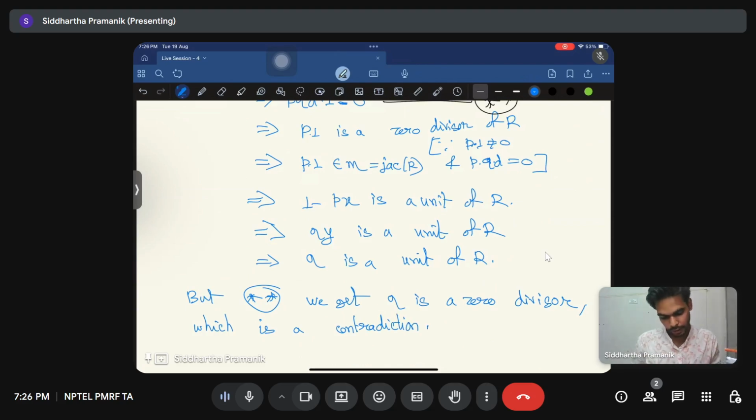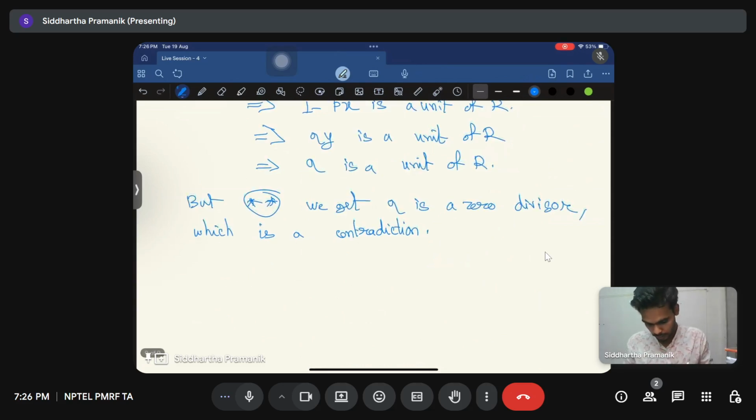A zero divisor cannot be a unit. So that means the characteristic of R cannot have two distinct prime divisors.